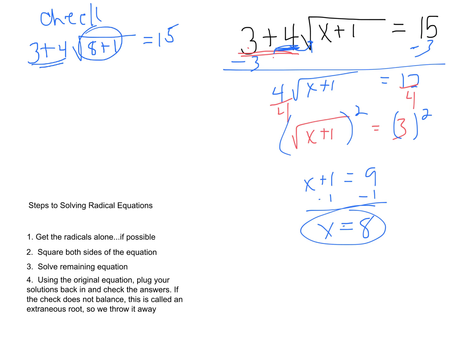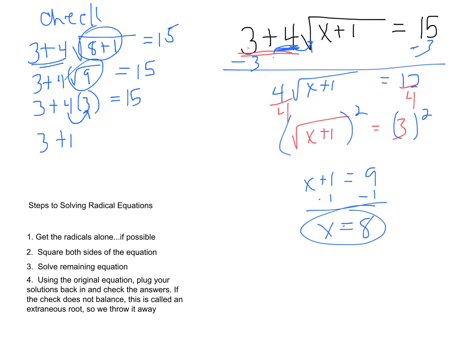Work inside the radical first. 3 plus 4 radical 9 equals 15. Okay? Break the square root. 3 plus 4 times 3 equals 15. Now multiply. 3 plus 12 is equal to 15. Therefore, 15 is equal to 15. So you know you're good.